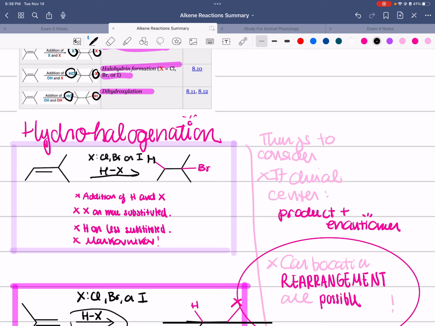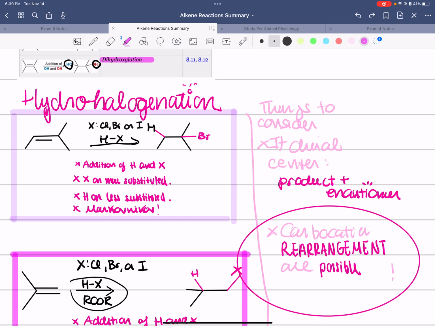On one side we're gonna add a hydrogen, and on the other side we're gonna add a chlorine, bromine, or iodine. Our halogen is gonna go on the more substituted side, meaning the side that has more carbon-carbon bonds, while our hydrogen is gonna go on the least substituted side of that double bond, the one with fewer carbons.